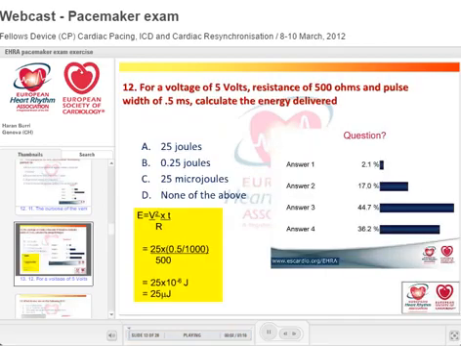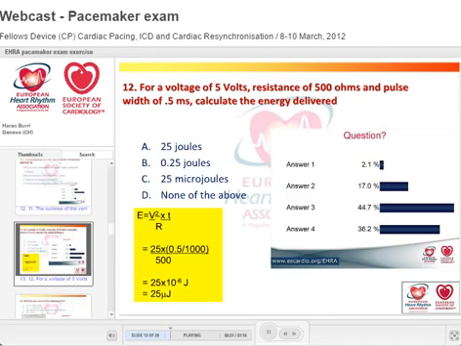Next question. Going back to some physics again, for the voltage of 5 volts, resistance of 500 ohms, and a pulse width of 0.5 milliseconds, calculate the energy delivered. Go ahead and vote. Okay, so bimodal again, answer 3 and 4. So the answer is 25 microjoules. Now, how do we get that?